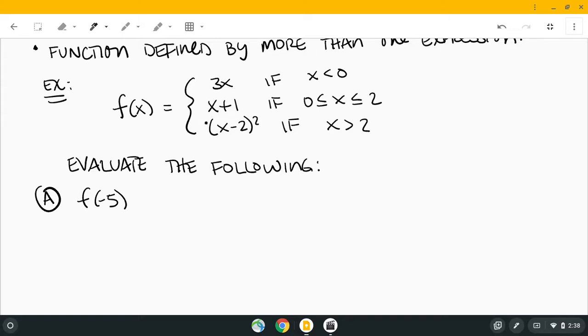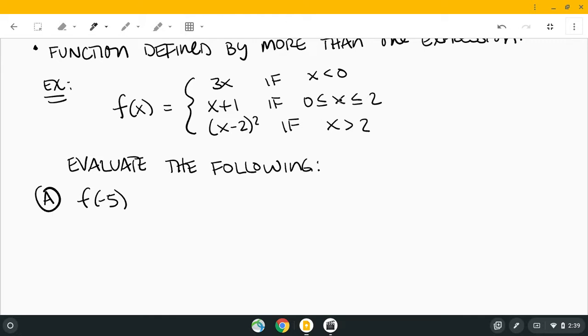What you do is see where this x value falls. Does it fall in this category, in this category, or in this category? So x is negative 5. Is your x value, negative 5, greater than 2? No. So we're not using this function.